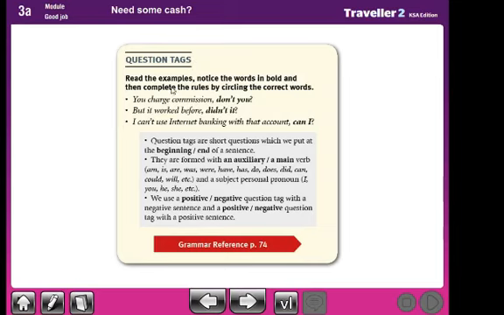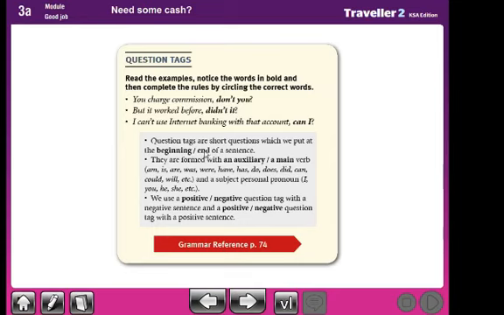Question tags. Here, read the examples, notice the words in bold, and then complete the rules by circling the correct words. Question tags are short questions which we put at the end of a sentence.